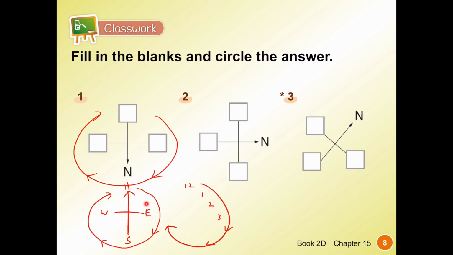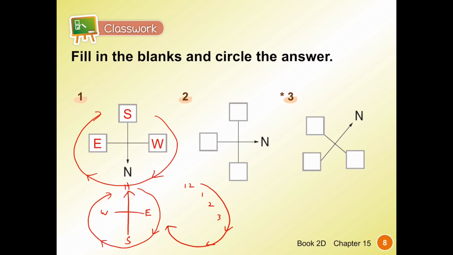After N it would be east, and then after east we have south. South here, and then after south we have west. So our last one would be west.